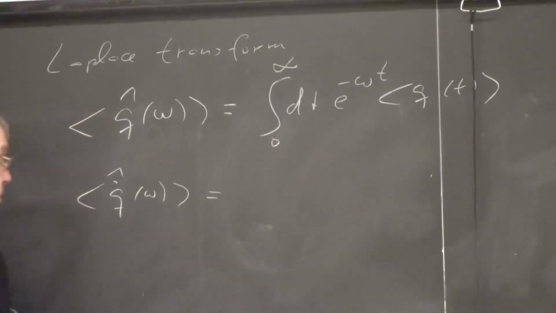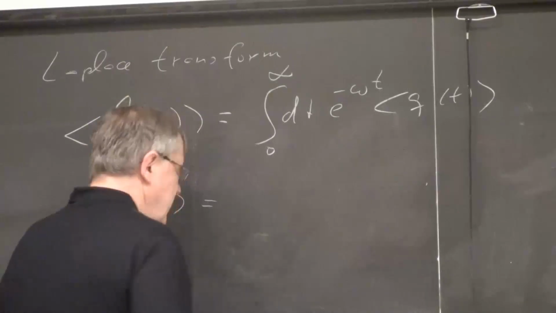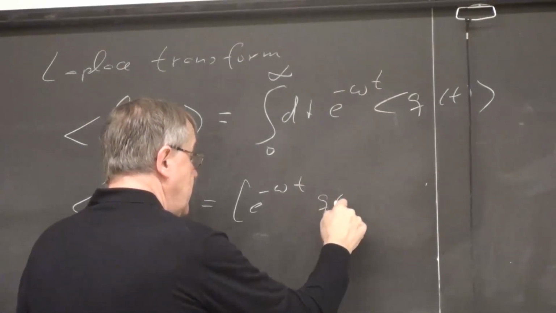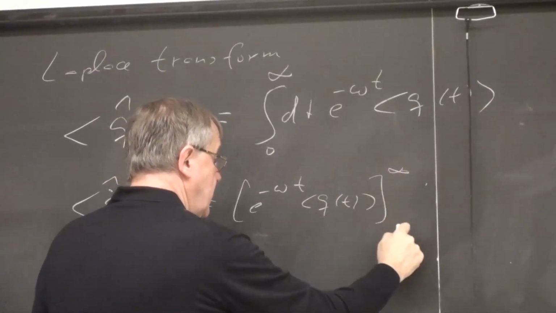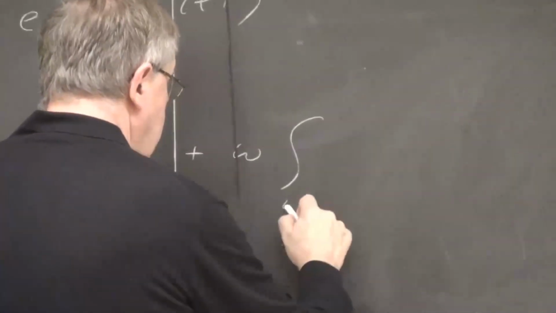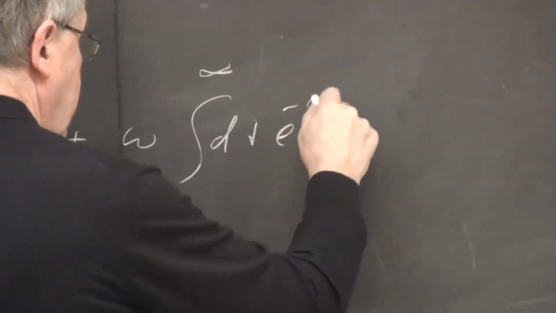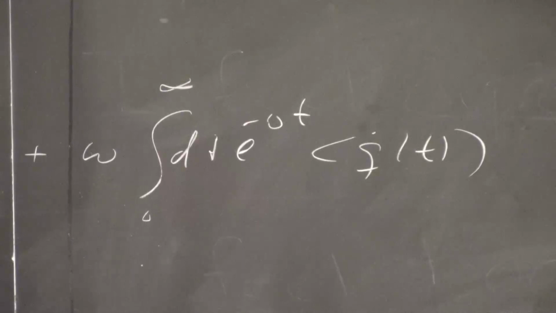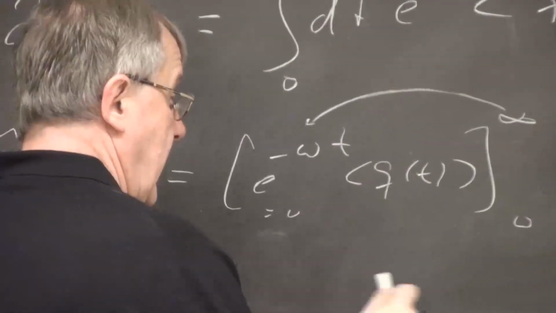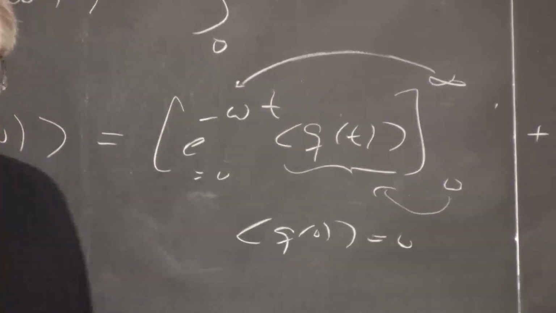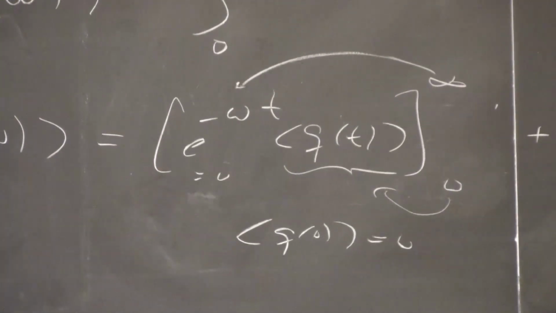And if we do this, we can use integration by parts, and we find this is e to the minus omega t times Q of T from 0 to infinity, minus the time derivative of this, which is of course plus omega integral 0 to infinity dt e to the minus omega t, and now the time derivative of this, Q dot of T. Now here we are getting at infinity 0, and at 0 this becomes 0, Q of 0 is 0, the average position in a harmonic oscillator that we have defined through this restoring force with a minimum at 0 is 0.